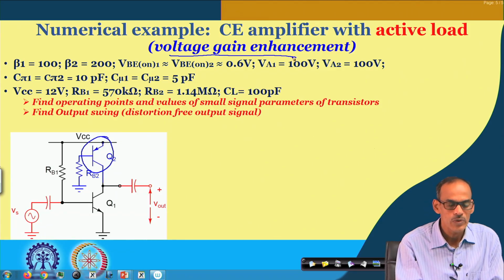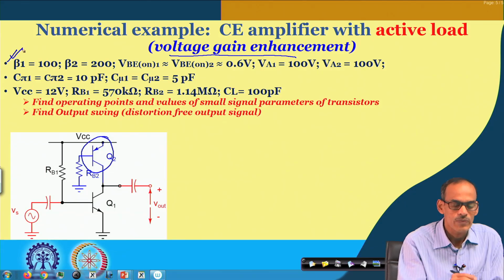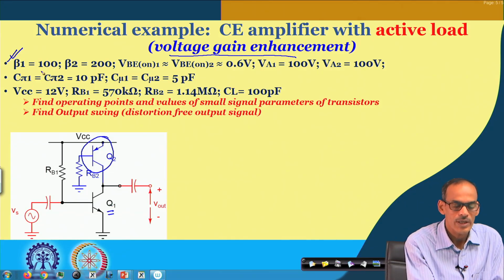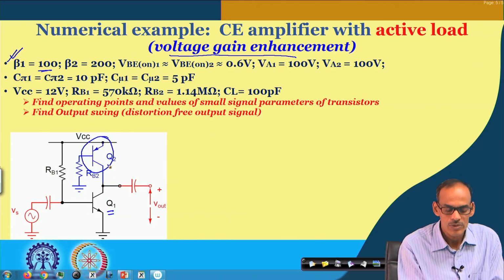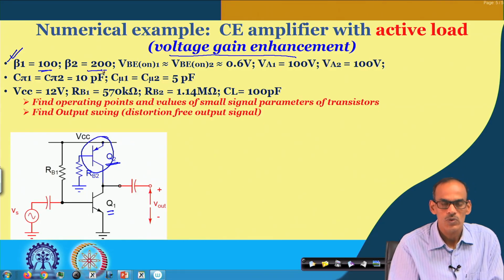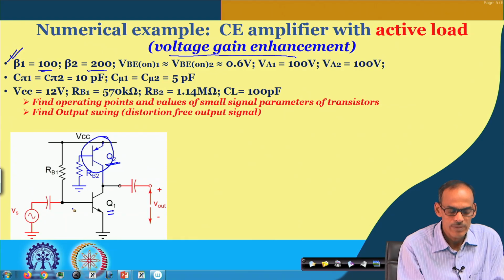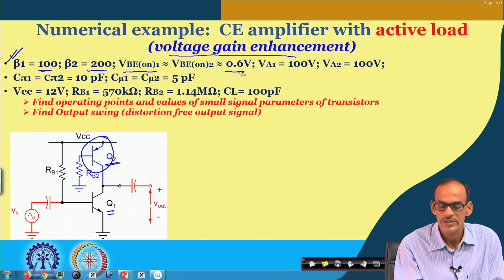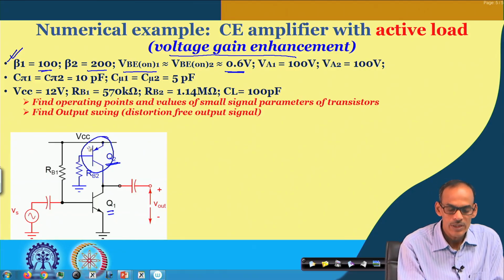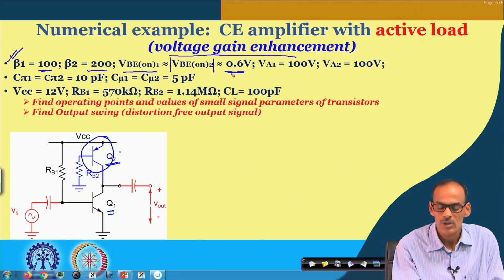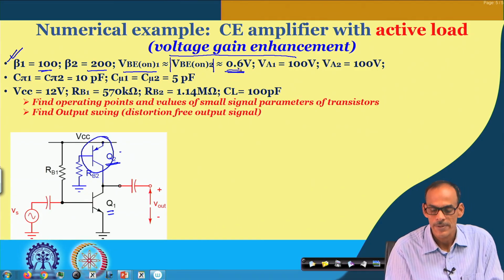And here we do have the different parameters of the two transistors. For Q1 beta is 100, for Q2 beta is 200. Just for a change we are taking different values of beta. VBE on of transistor 1 we are approximating as 0.6, VEB (it should be mod, actually) of transistor 2 also we are assuming 0.6.